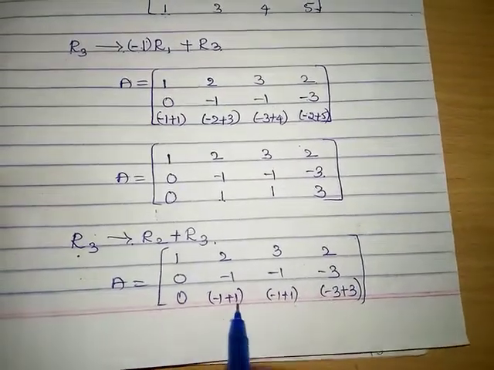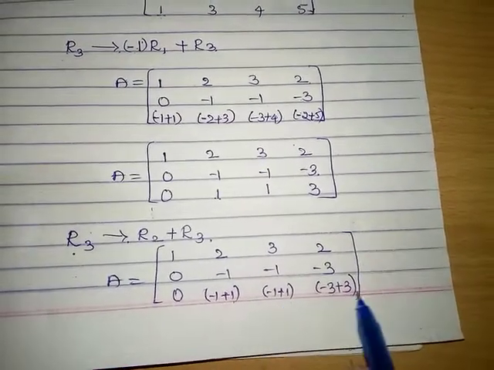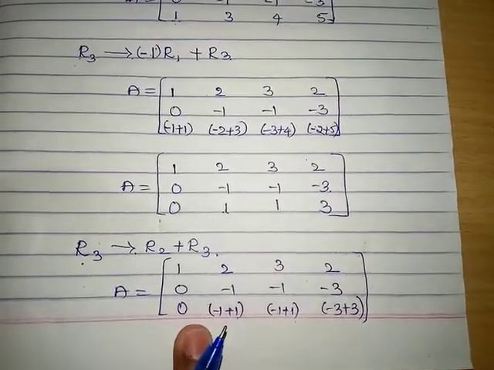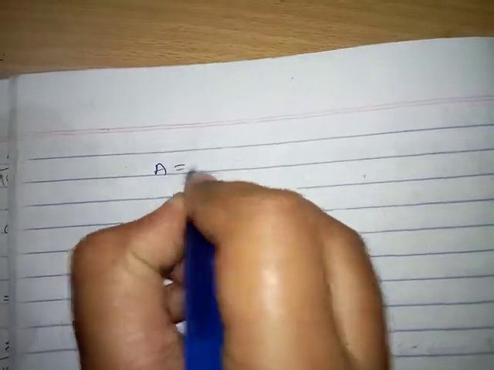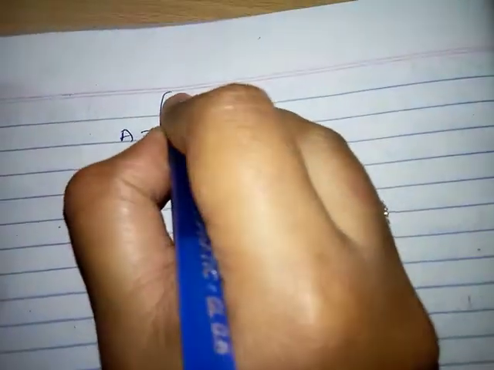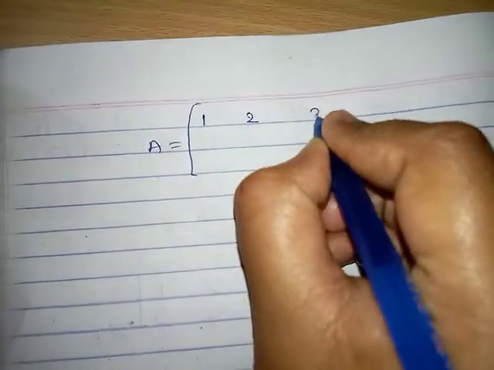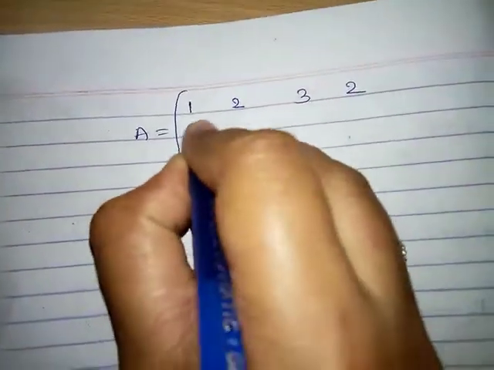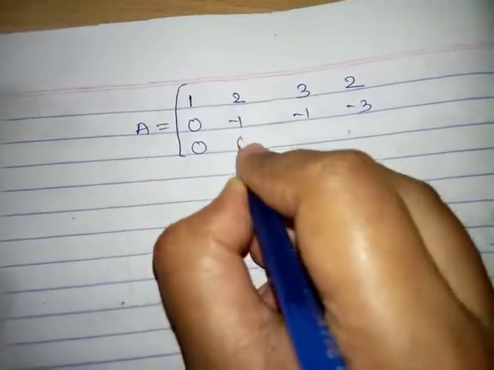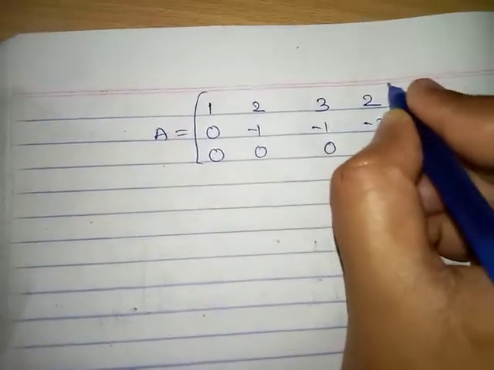See, minus 1 plus 1, 0, minus 1 plus 1, 0, minus 3 plus 3, 0. Then matrix A is equal to the first and second rows as they are, that is 1, 2, 3, 2, 0, minus 1, minus 1, minus 3, and all these terms are 0.